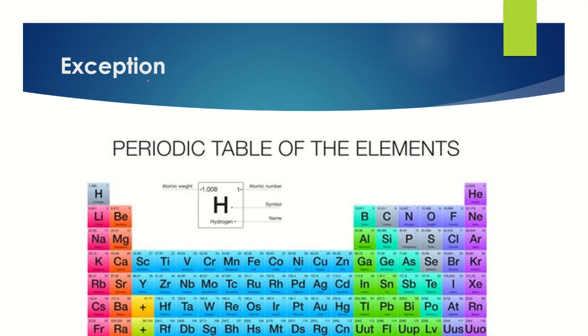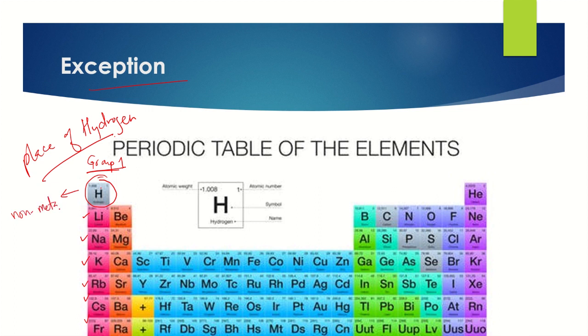Now let's look at the exception. The place of hydrogen. Though hydrogen is placed in group number 1 with lithium, sodium, potassium, rubidium, caesium, francium, still hydrogen does not belong to group number 1 because hydrogen is a non-metal. But why is it placed along the alkali metals?